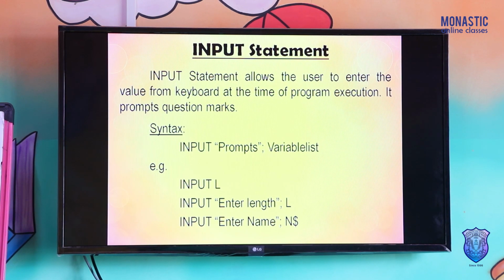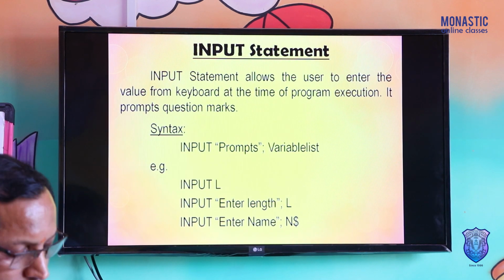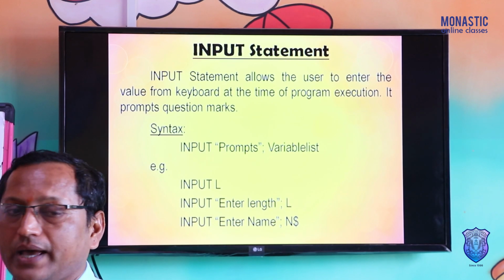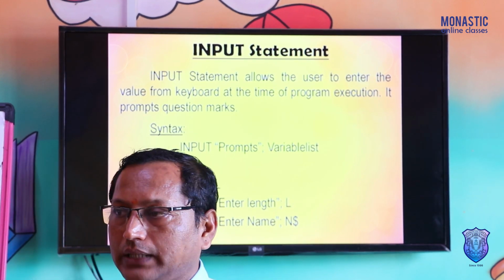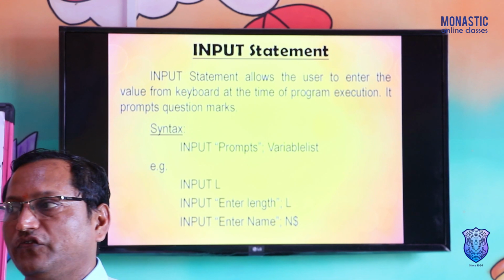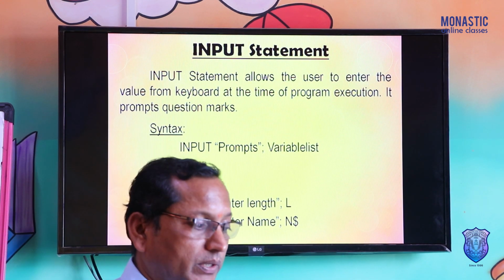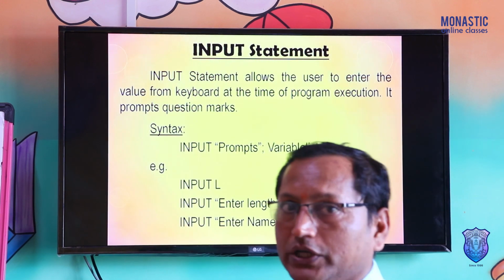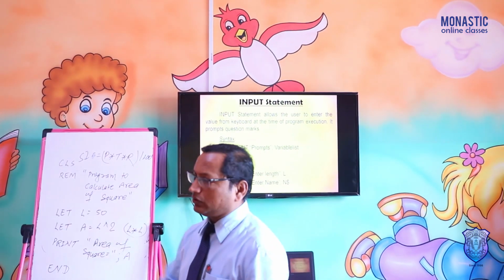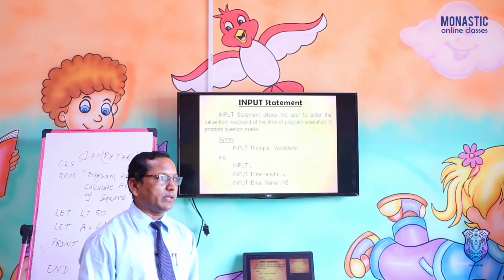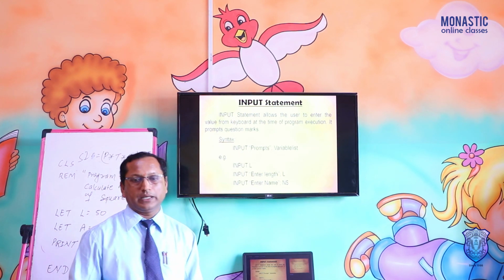Assigning a value and asking for a value are different. When assigning a value, you have to fix the value at the time of design. When you design the program, that time you have to fix the value. It means you fix the value, and then however many times you execute the program, the same output will display.